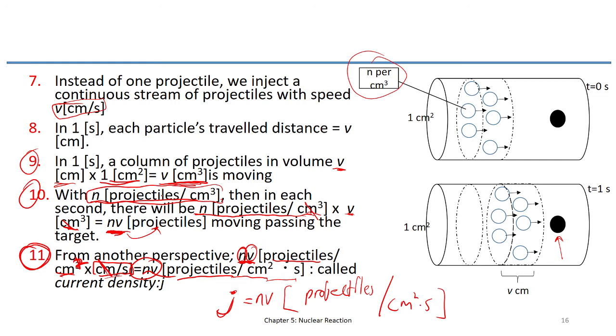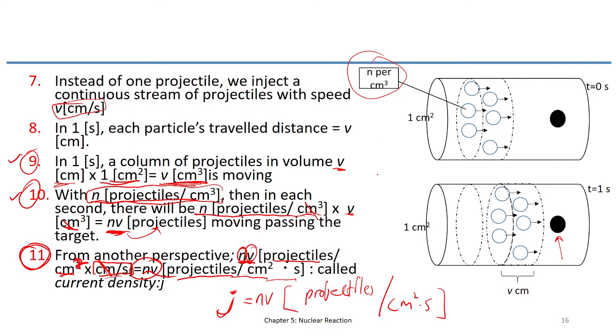So number 9 is the volume that is moving: what is the volume of the cylinder that moves in 1 second? Number 10 is the number of projectiles that move in 1 second in the cylinder.